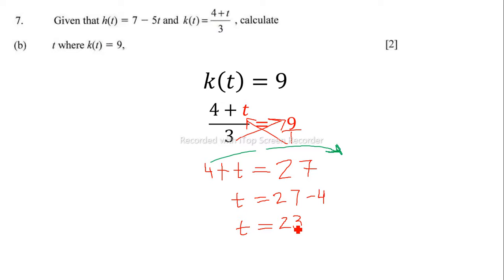Any questions for me? So t is equal to 23. And that makes sense because if t is 23, added to 4, we get 27, divided by 3, we get 9.